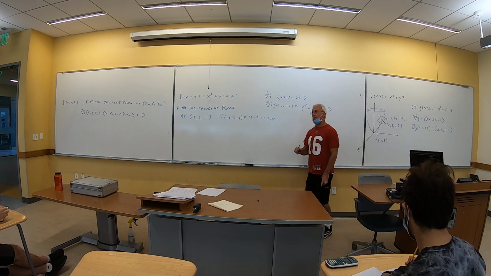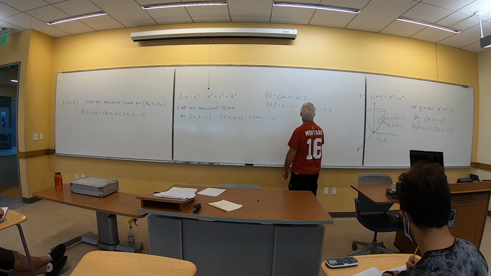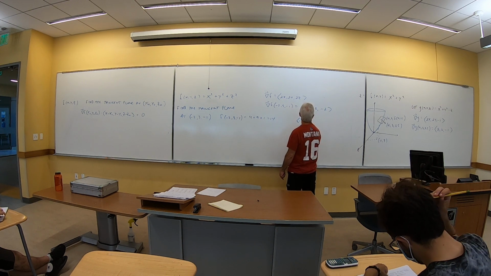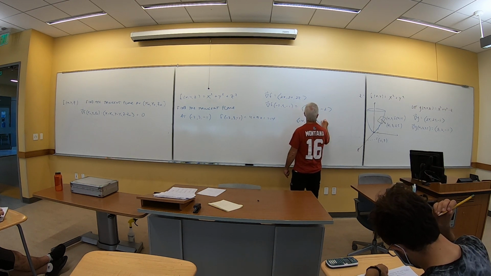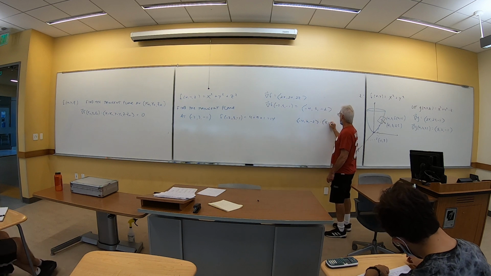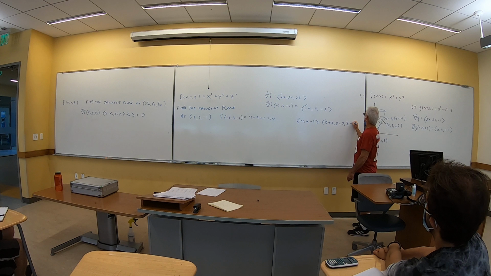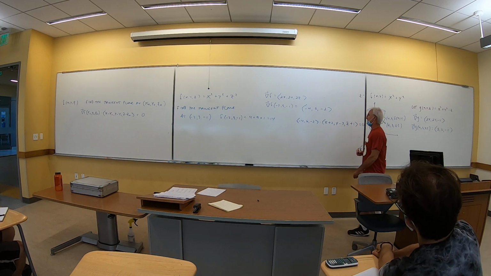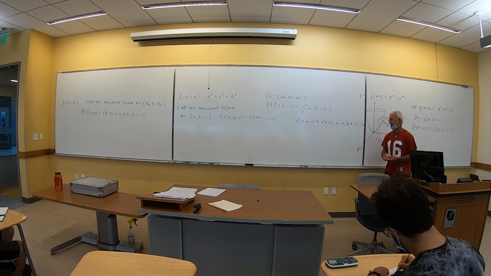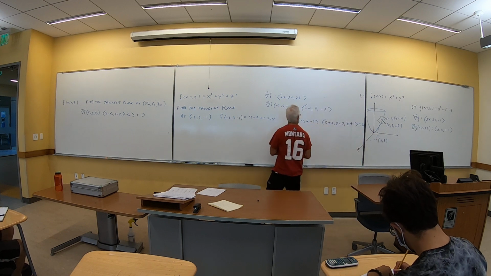So now the equation of my tangent plane, I'm going to take this, and I'm going to dot it with x minus the x coordinate, y minus the y coordinate, z minus the z coordinate, and I'm going to set it equal to 0. Okay, this process should feel very familiar about right now.